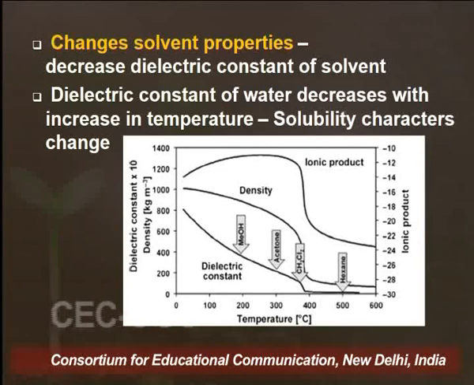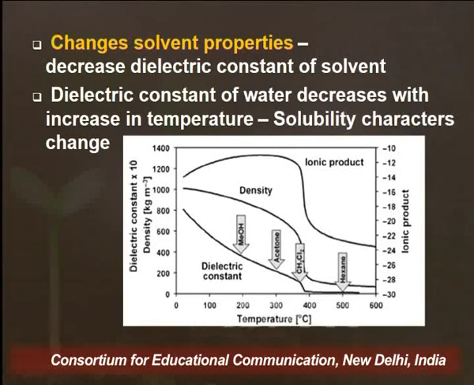So obviously when we are increasing the temperature above the atmospheric boiling point, we have to increase the pressure to the optimum level so that we are able to keep water in the liquid form. So we prevent the phase transition of the solvent by increasing the pressure.